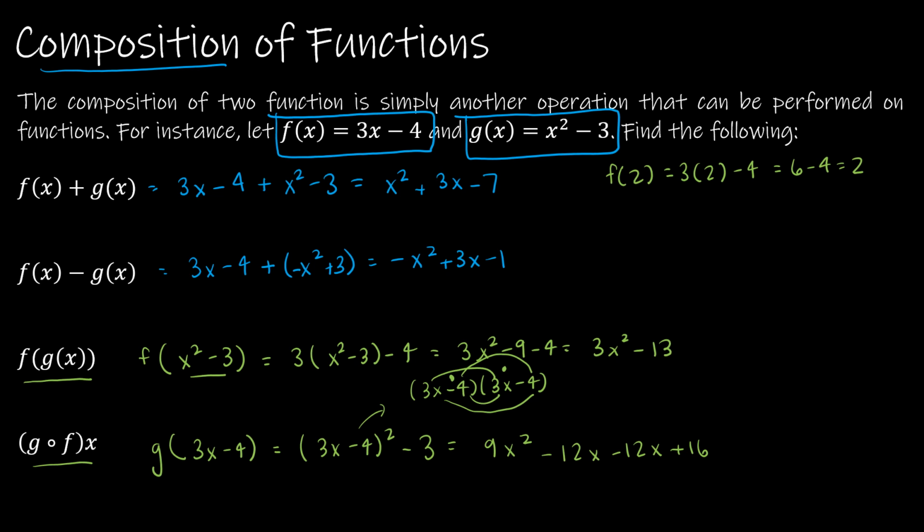Hopefully you can see the cute little face in there. And then I still have minus 3. So then doing some simplification, I would have 9x squared minus 24x plus 13. So I can see that I can do the composition in either order. Again, both of those are correctly written in composition of functions.